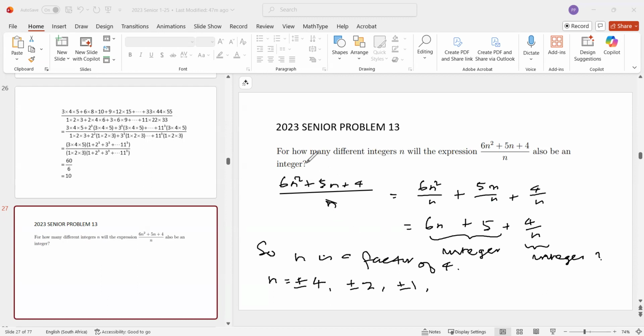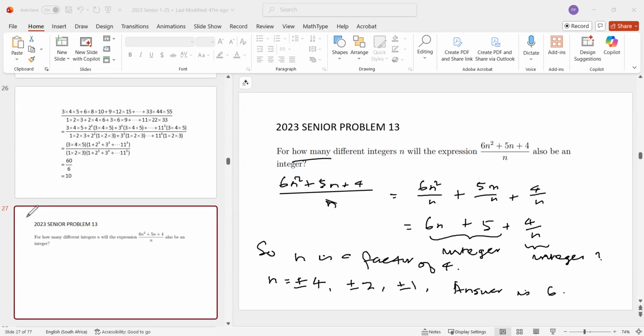So the question is, for how many different integers will this expression be an integer? The answer is 6. 2 and 2 and 2 make 6. If you substitute any one of these 6 values, this expression will become an integer. If you wish, you can try it out.